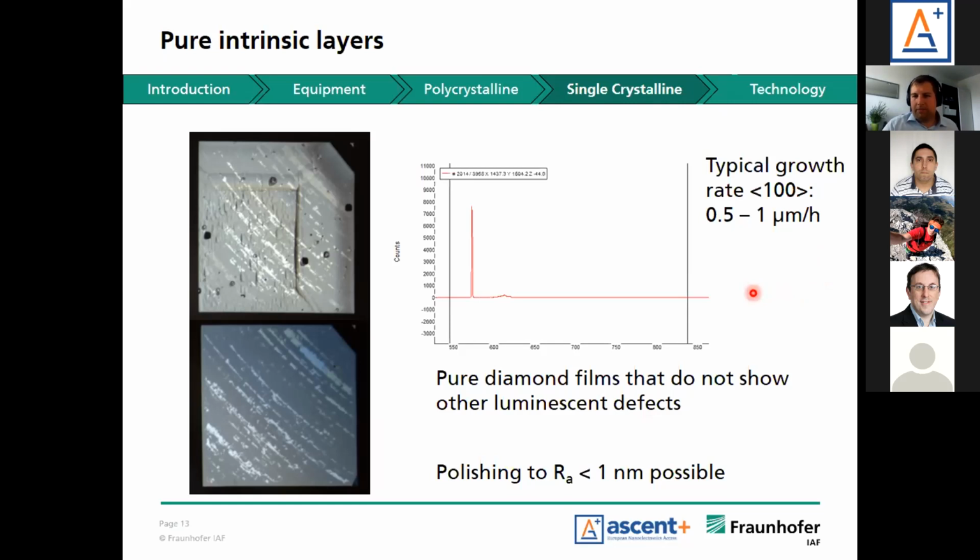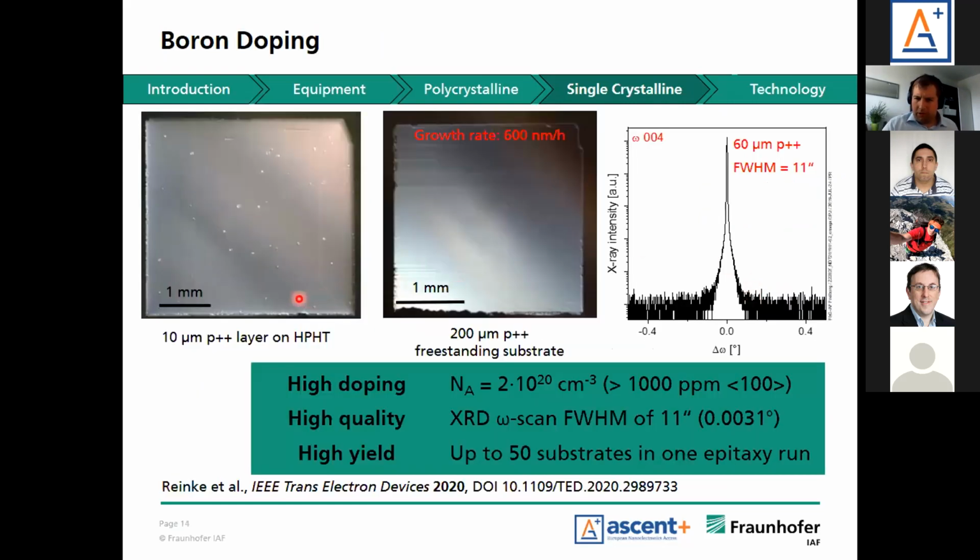And now let's move on to also then doped growth. So we can do boron doping. You see here, actually, this is a nicer initial substrate. You still see, it's also a HPHT original substrate.